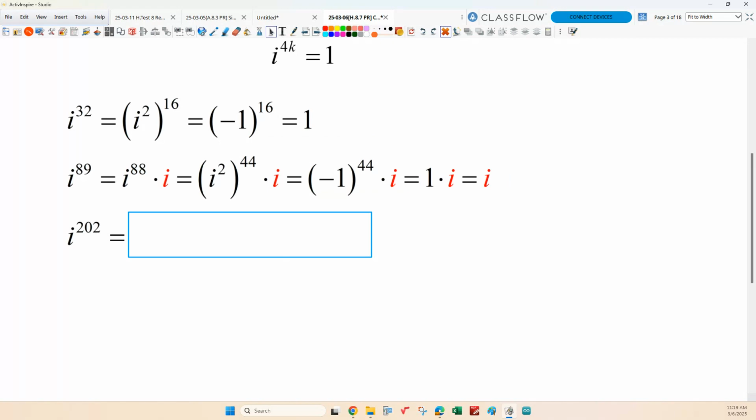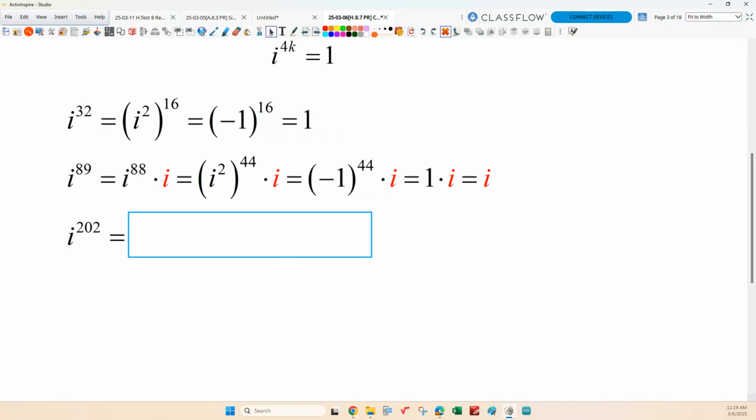Okay, so I to the 202. Well, tell me right now, I to an even power is always going to be one of two things. What? I to an even power. It's always going to be negative 1 or 1, right? Because I to an even power, I can always write as negative 1 to some power, right?